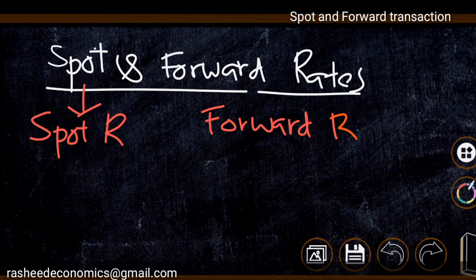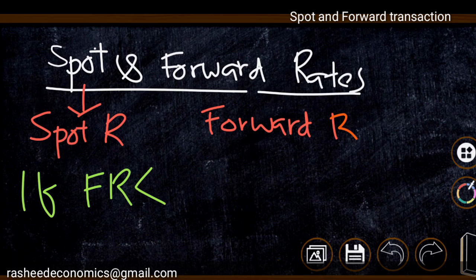Now suppose the forward rate, that is FR, is less than the present spot rate, then we can say that foreign currency has a forward discount.